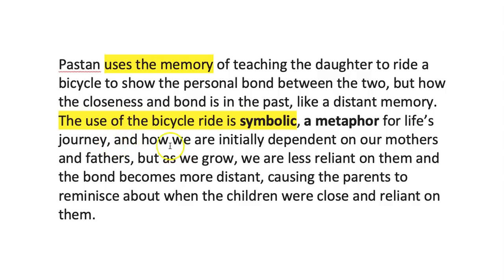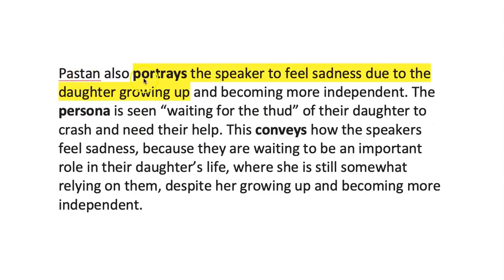"So it's also symbolic of how we are initially dependent on our mothers and fathers, but as we grow, we are less reliant on them, and the bond becomes more distant, causing the parents to reminisce about when the children were close and reliant on them. Pastan also portrays the speaker to feel sadness due to the daughter growing up." Yellow is the method, bold is the subject terminology.